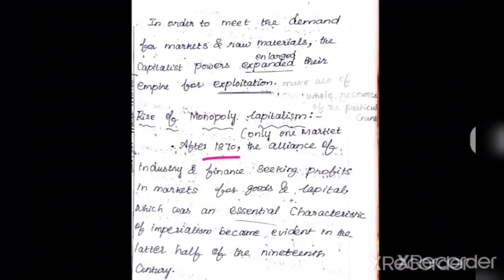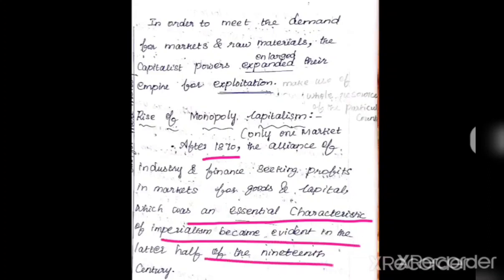The industries as well as finance, banks, everyone, were joined together in order to seek profits in markets for goods and capital, which was an essential characteristic of imperialism and became evident in the later half of the 19th century.